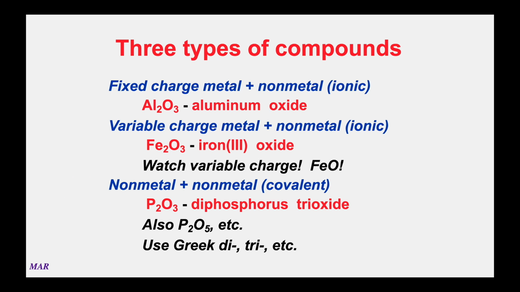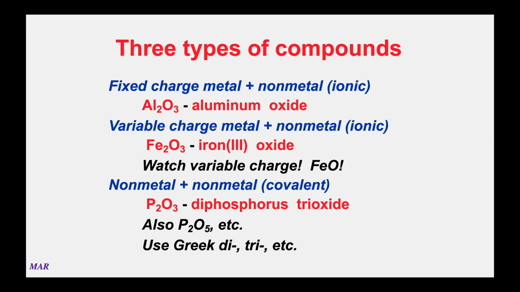Finally now, there's nonmetal and nonmetal. These are covalent bonds. They're not as strong as ionic bonds, but they are more flexible. And covalent bonds are essentially the types of bonds that life uses, all right? And these guys use Greek prefixes. The second atom gets an IDE ending, and the ordering is important.